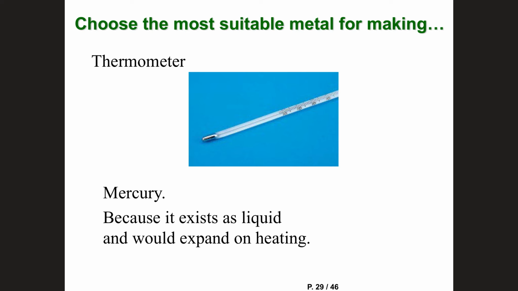As a result, mercury becomes the only choice for this purpose. It is because mercury is the only metal that exists as liquid at room temperature and pressure. And that's the reason why mercury would expand to a larger extent when compared with other metals upon heating.